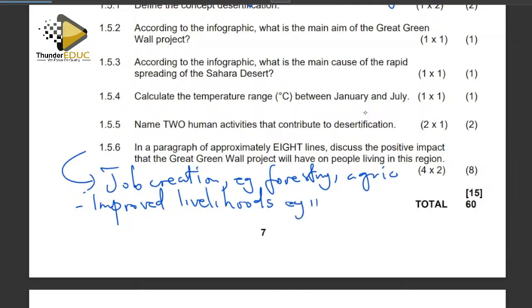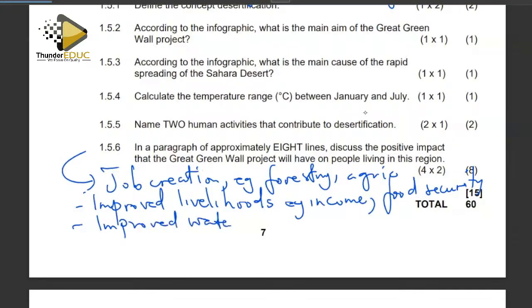For example, income. People are going to get a decent income through that project. And also the effect of food security. People are going to be food secure through that project. And also it can assist in improved water availability.